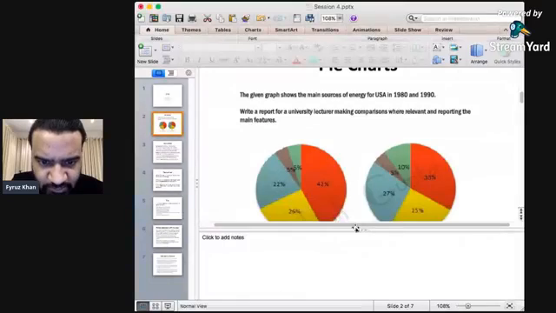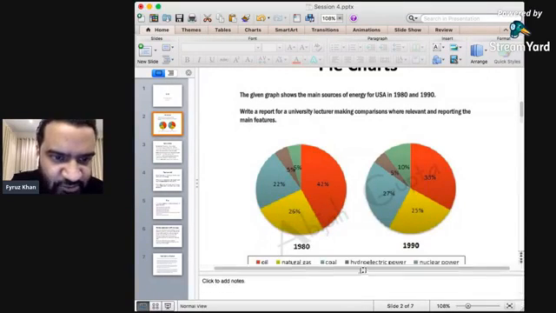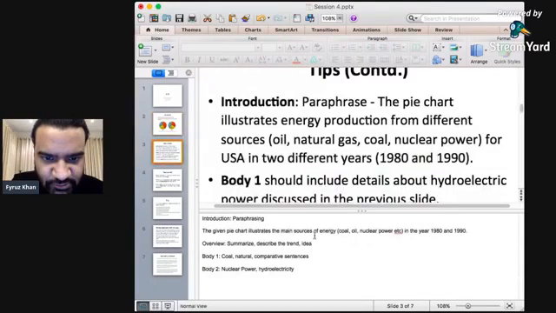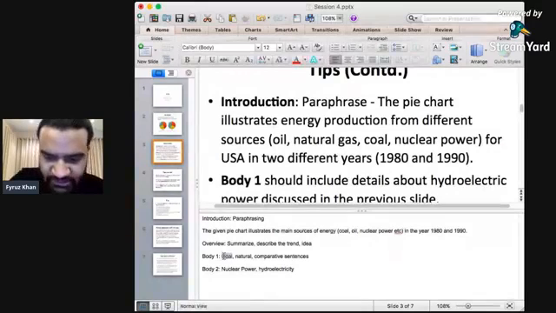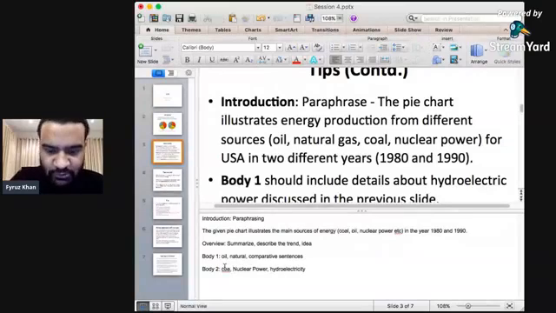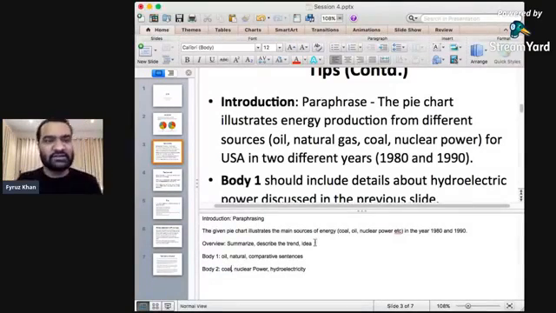What is the red and yellow? Oh, oil and natural gas. Sorry. So in body one, you're going to talk about oil and natural gas, and body two will be coal, nuclear power, and hydroelectricity. So in body two, you're going to talk about coal, nuclear power, and hydroelectricity.